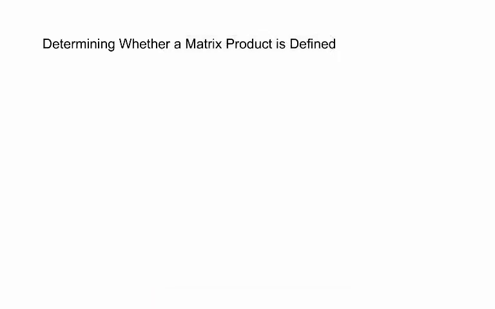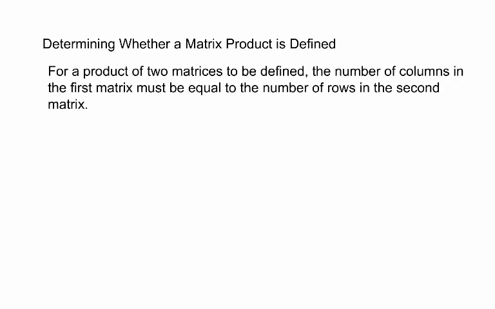In this video, we're going to talk about how to determine whether a matrix product is defined. For the product of two matrices to be defined, the number of columns in the first matrix must be equal to the number of rows in the second matrix.